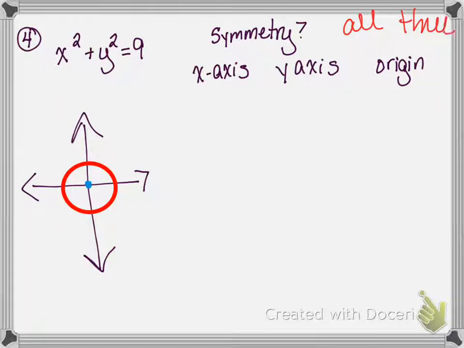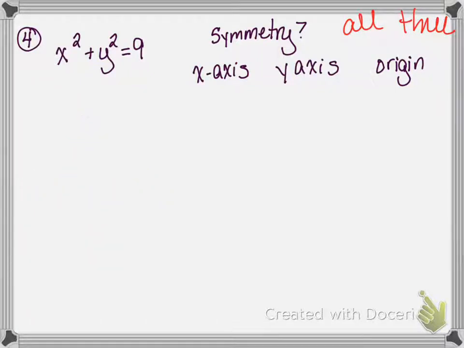But you have to show it algebraically. The question is asking us to show it algebraically. So let's show how this is symmetrical algebraically to the x-axis, the y-axis, and the origin. When I'm doing the x-axis, I replace y with negative y.